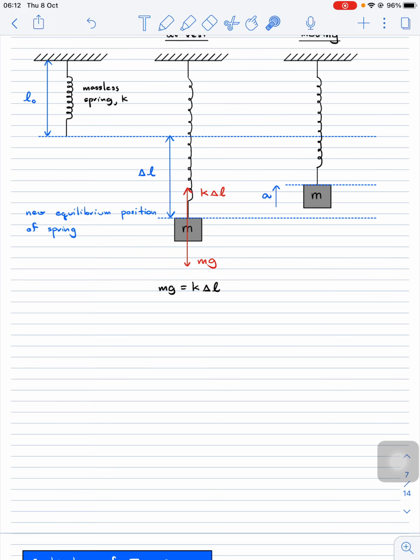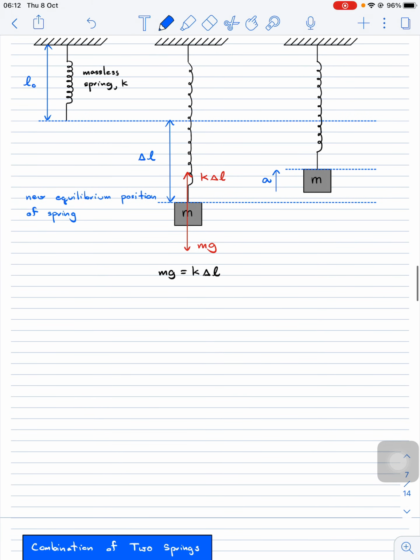And now for the y, this is going to be the extension or the compression of the spring from the new equilibrium position. So let's say that it is equal to y.